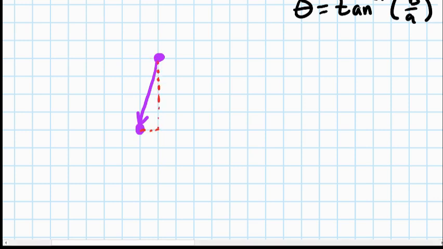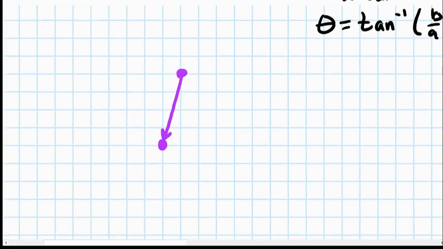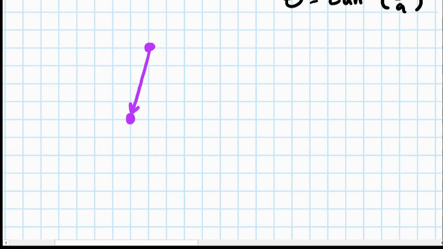It does not matter which direction you draw your right triangle. The only thing that it changes is the way that we are going to find this final angle. So I'm going to do it this direction here, and then we can talk about how that affects it in a second. After that, I will also do it the other way in the blue here, and we'll talk about how we get the same answer either way.